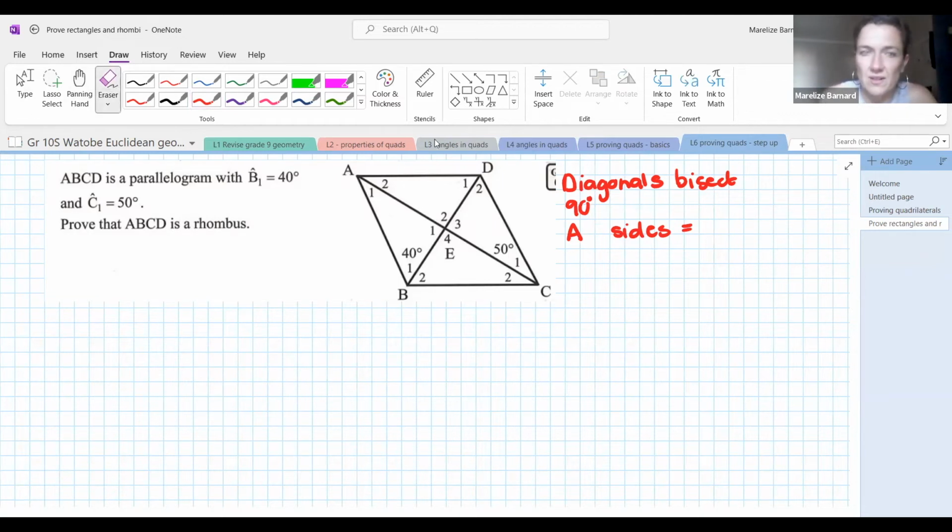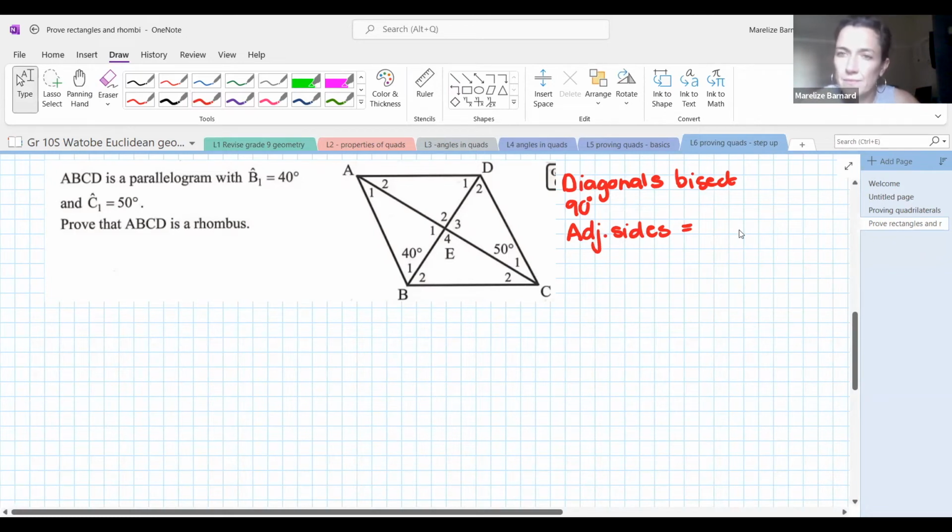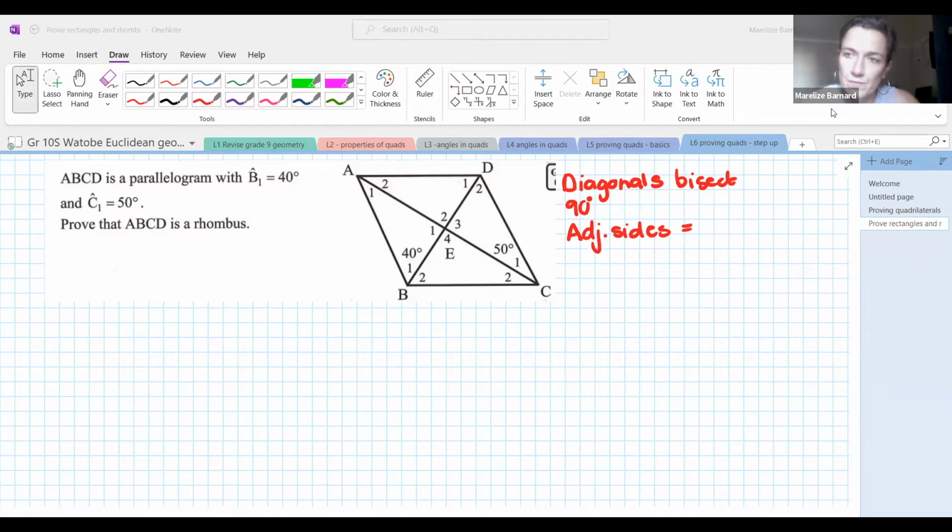It's not all sides, it's adjacent sides. Okay, so 2 minutes are up.